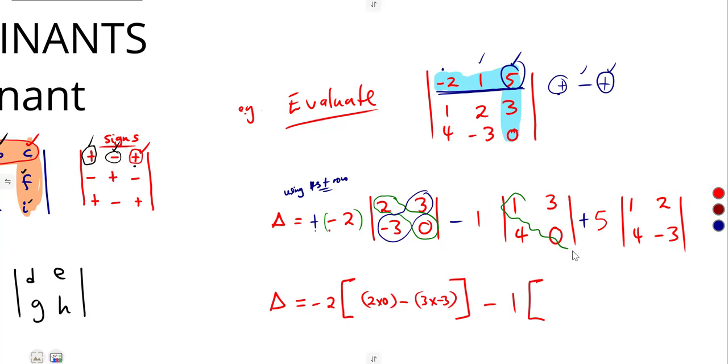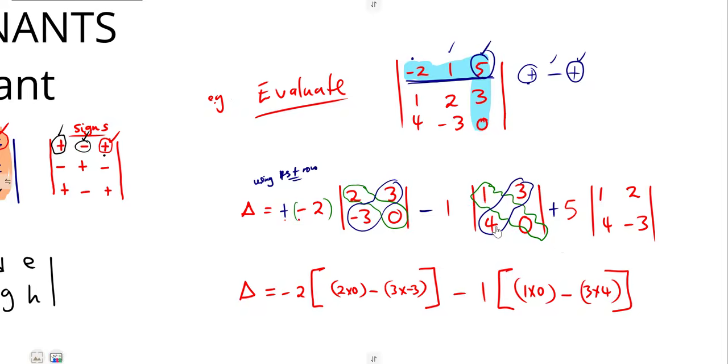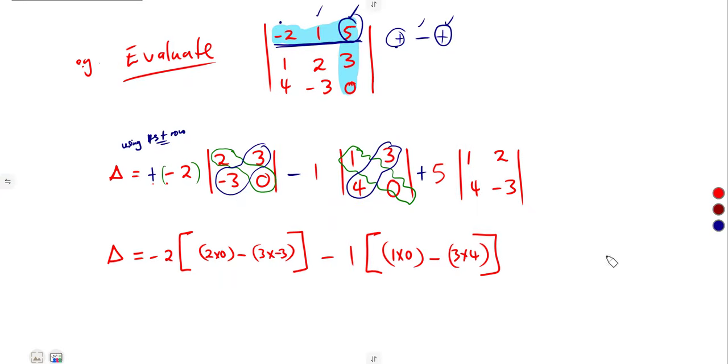Major diagonal, 1 and 0, minus the minor diagonal, 3 and 4. Just like that. You move on to the last term, +5. What is the determinant of the 2 by 2 matrix?